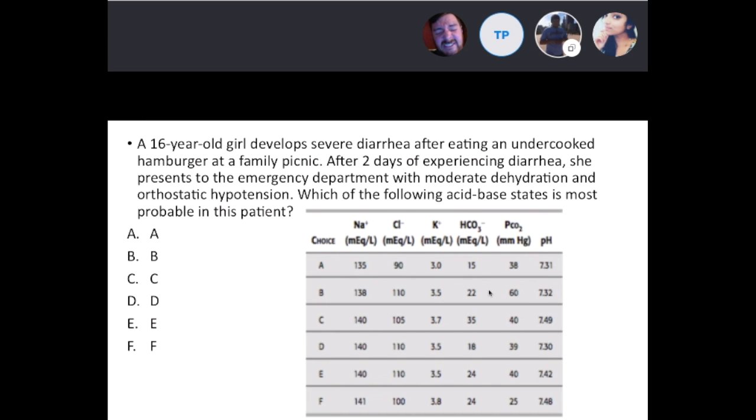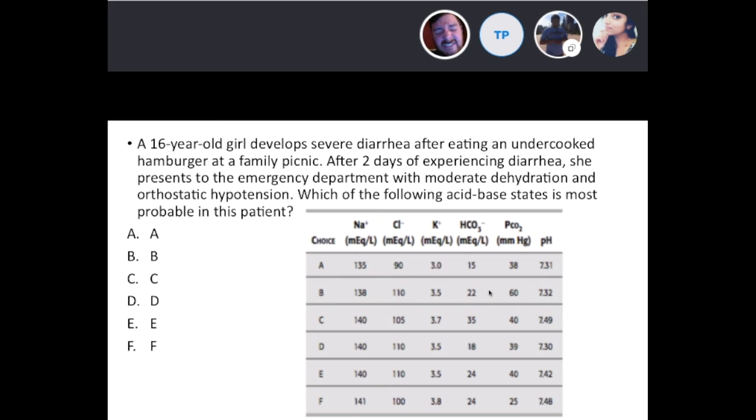So we have a 16-year-old girl who developed severe diarrhea after eating an undercooked hamburger at a family picnic. After 2 days of experiencing diarrhea, she presents to the ED with moderate dehydration and orthostatic hypotension. Which of the following acid-base states is most probable in this patient?